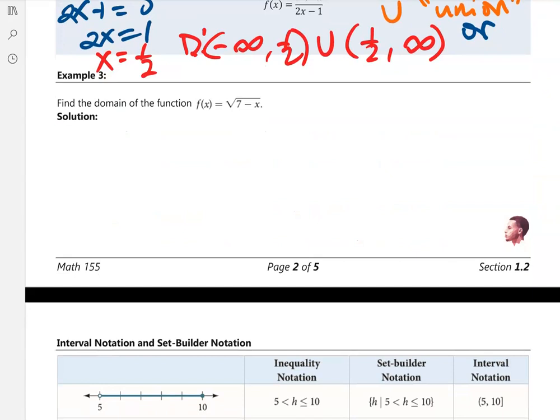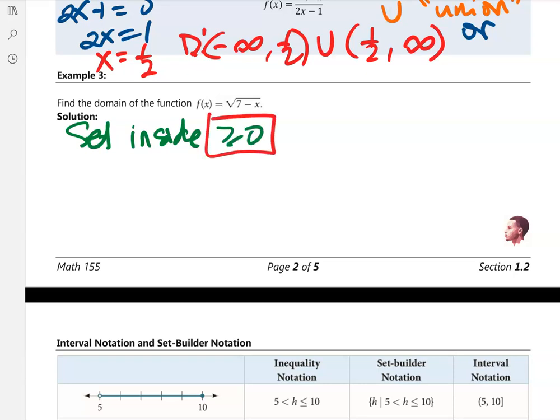Example number 3. f of x equals square root of 7 minus x. Find the domain. So you have an even root here, meaning you have to set inside of it greater than or equal to 0. Inside the square root is 7 minus x. So take note of this.